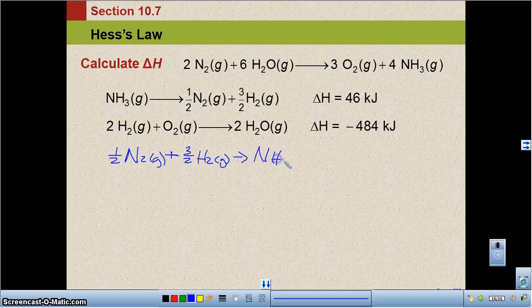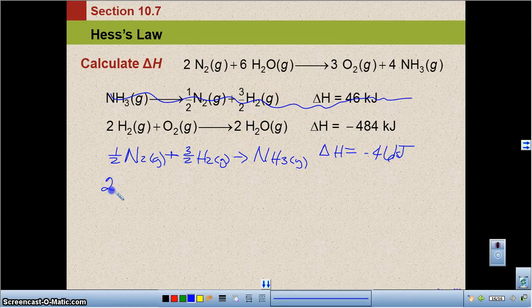Here's our NH3, which is going to cause us to change delta H to negative 46 kilojoules. All right, so I no longer need this reaction, so I usually just do this to mine so I don't get confused. Okay, I'm going to also have to flip this reaction because I need water as a reactant.